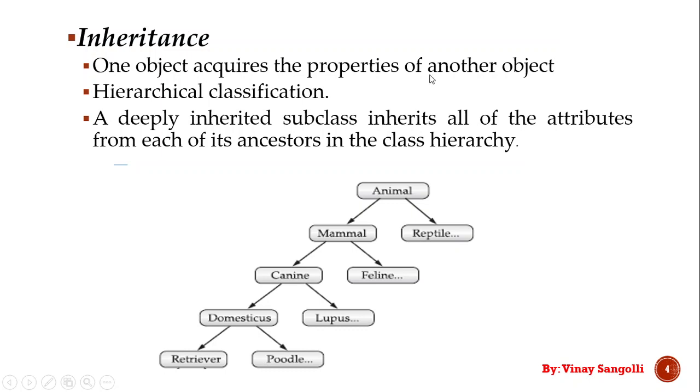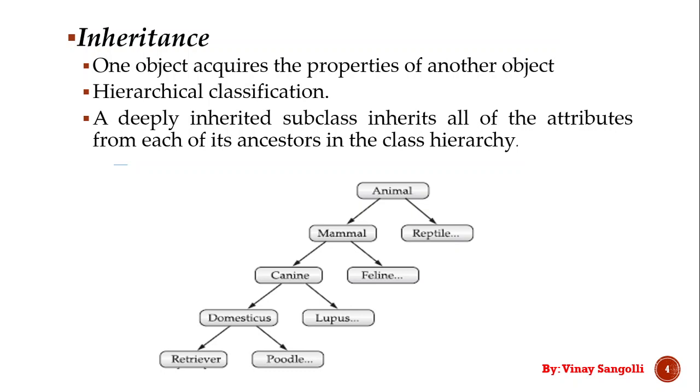It is usually nothing but whatever data or code is there in one object can be accessed by another object which is in the same class. Why is this important? This is important because it supports something called hierarchical classification.